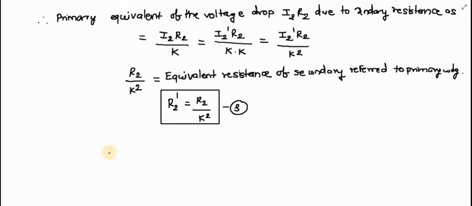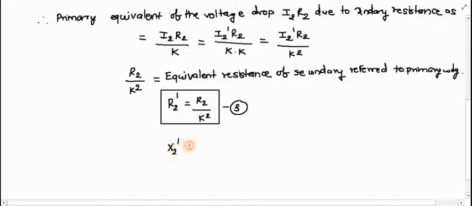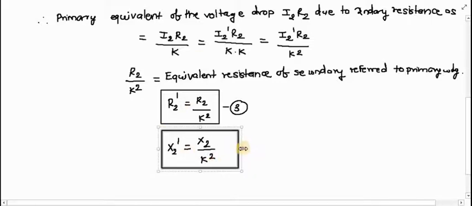Similarly, the equivalent leakage reactance of the secondary side, if it is transferred to the primary side, I can write as X2 dash equals X2 divided by K square, similar to R. We can deduce this relationship. Let this be equation number 4.